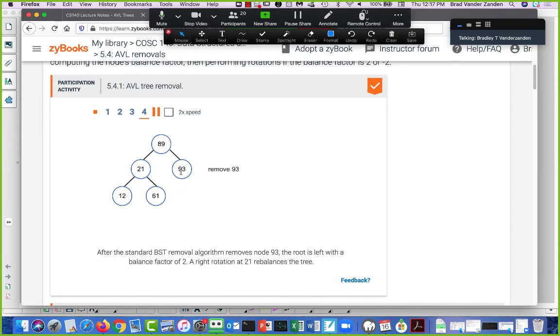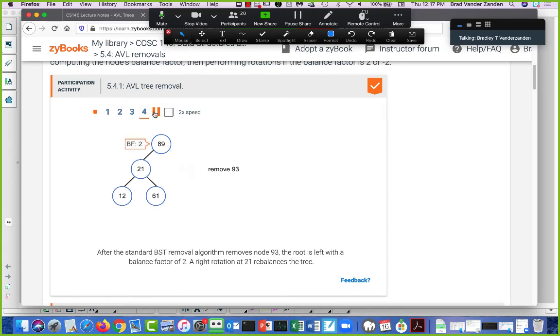Finally, we're going to delete 93. That results again in an imbalance. So let's go back because that was kind of fast. Let's let it finish and then redo it.